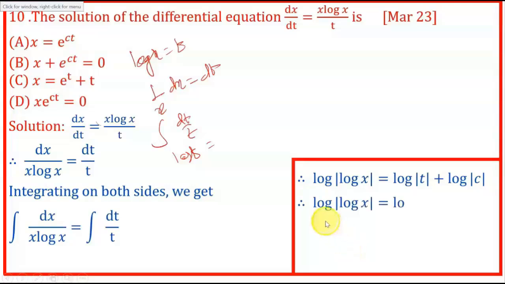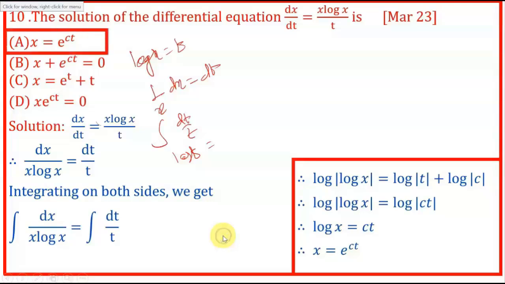Now, log of m plus log of n is equal to log of m into n. Log gets cancelled on both sides, then you will get log of x is equal to ct. Therefore x is equal to e raised to ct, and this is the solution, and hence option A is correct here.